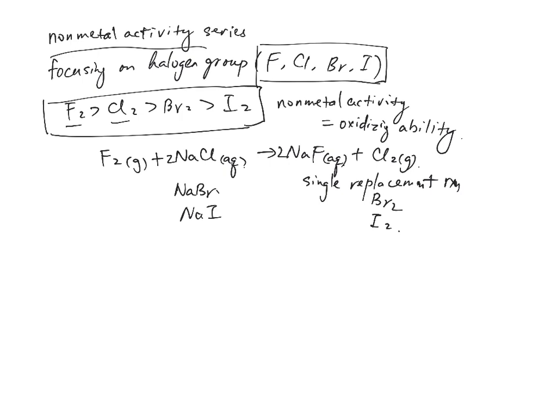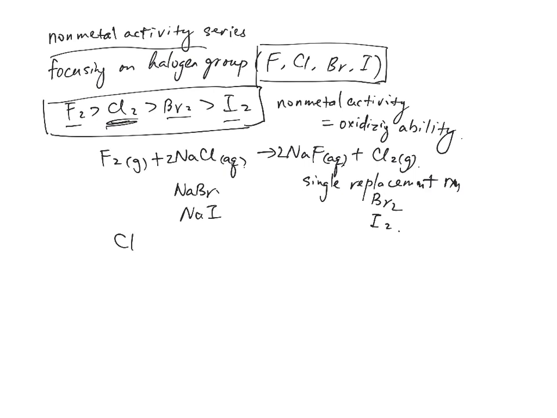Now, when it comes to chlorine, chlorine can do the same thing fluorine did to the 2 elements that are lower than it on the nonmetal activity series. So chlorine can go into a solution containing bromide ion or iodide ion and kick them out.